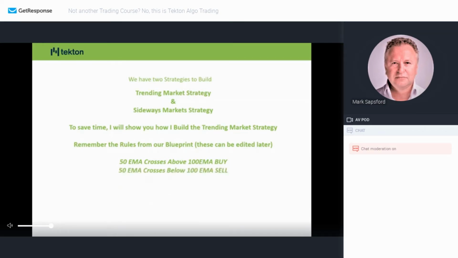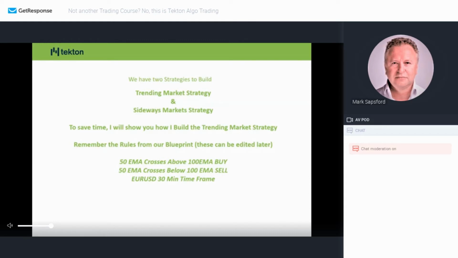The 50 EMA, when it crosses below the 100 EMA, we were going to sell. Now remember, we can edit any of these settings later once we've created the strategy. I'm going to show you how to do that shortly. So the 50 crosses above the 100, the 50 crosses below the 100, and the time frame was Euro US dollar on the 30-minute. Any of the above settings can be edited very simply.